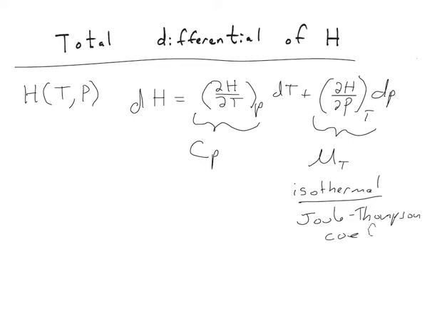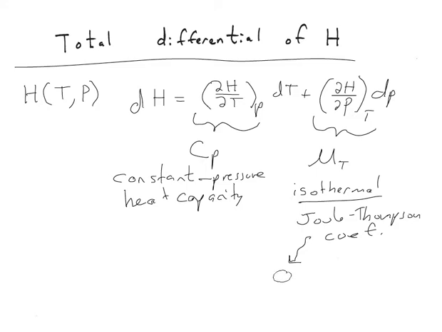Because there's actually another Joule-Thomson coefficient, you should get in the habit of saying isothermal Joule-Thomson coefficient. And mu T is actually equal to 0 for ideal gases, just like pi T.